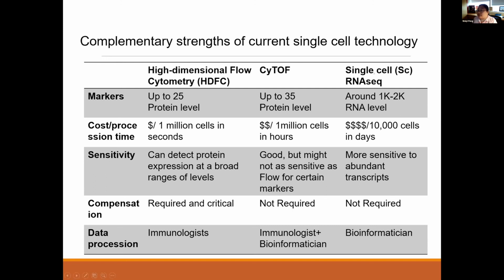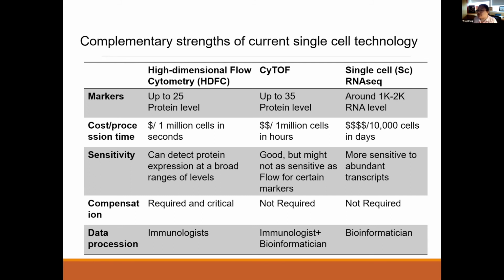And for single cell RNA-seq, the current platforms are only very sensitive to abundant transcripts. For compensation between different channels, flow cytometry requires it and it is very critical. CyTOF doesn't require compensation, and the same goes for single cell RNA-seq.